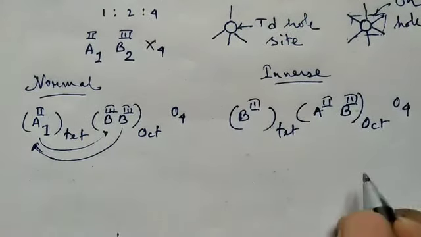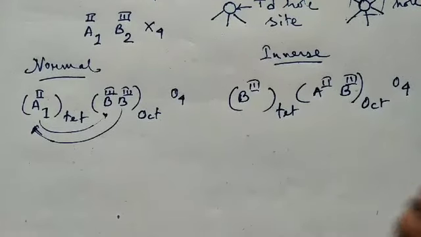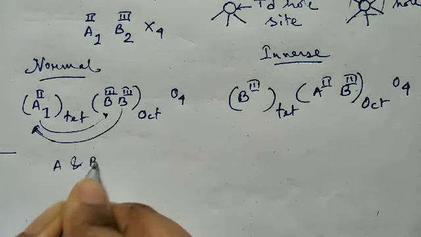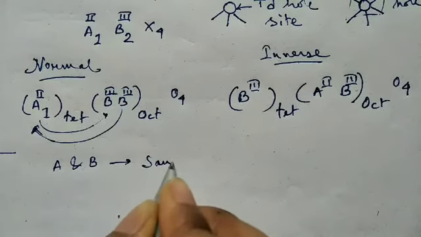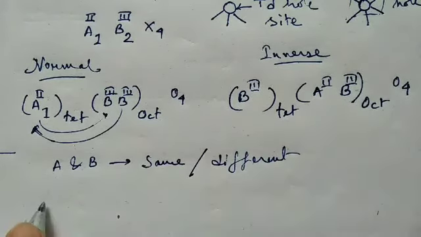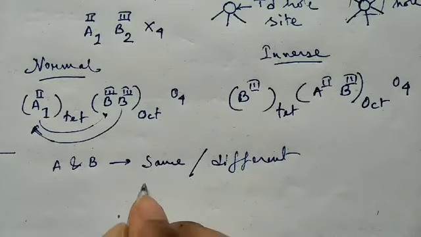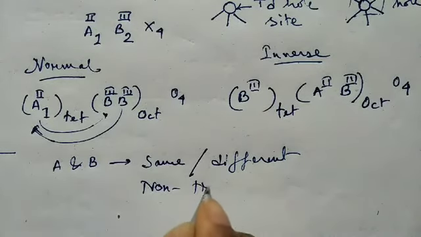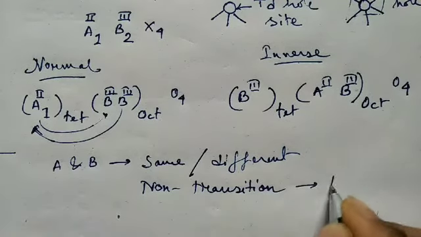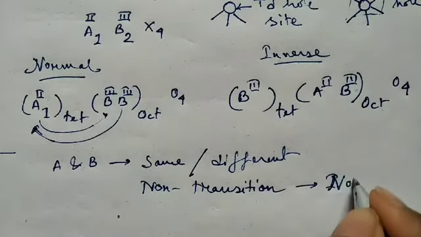Then how will we determine if a spinel is normal or inverse? For that, first thing: the metals A and B can be the same or different. Second thing: if these metals are non-transition metals, then it will follow a normal spinel.